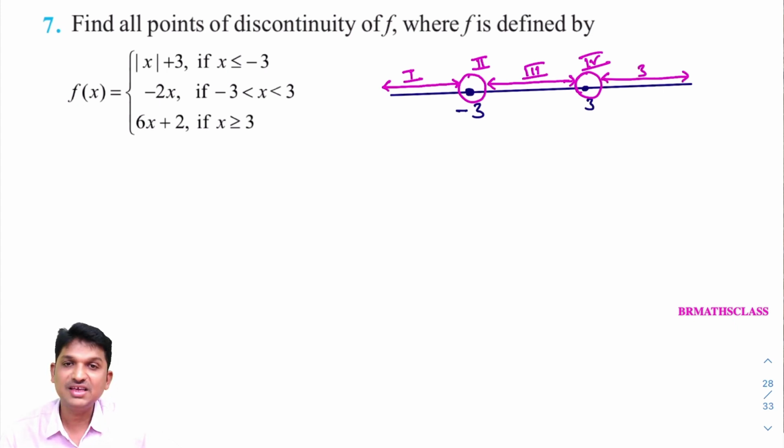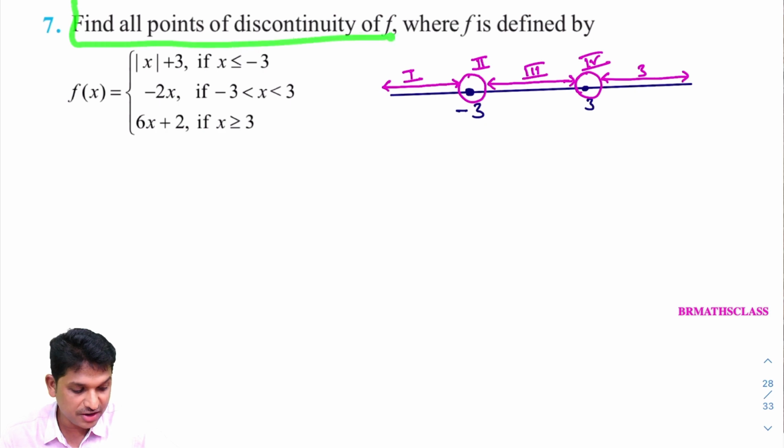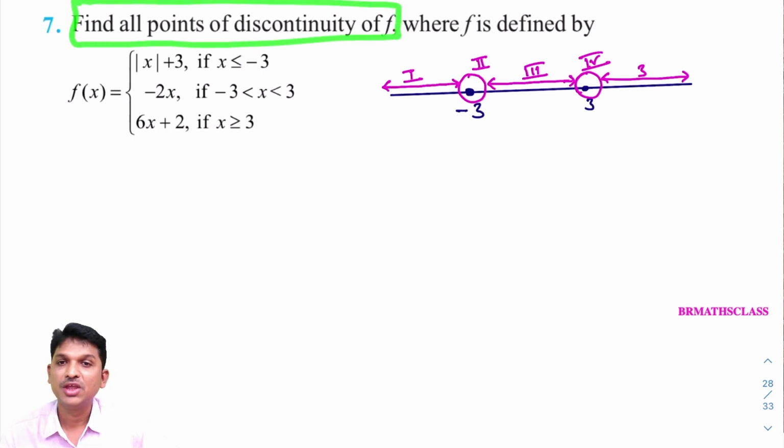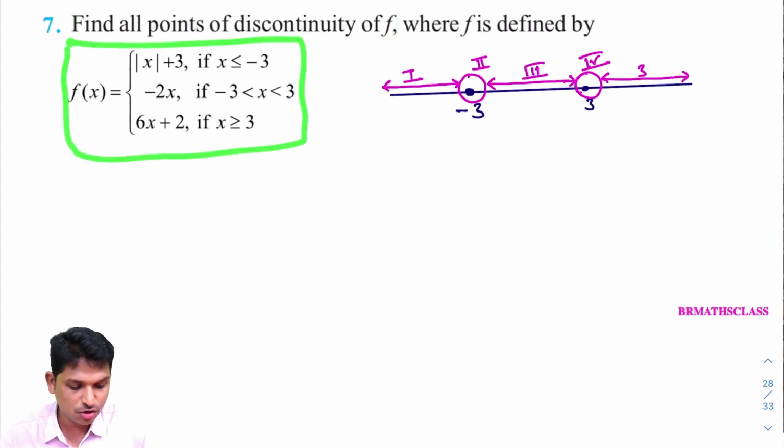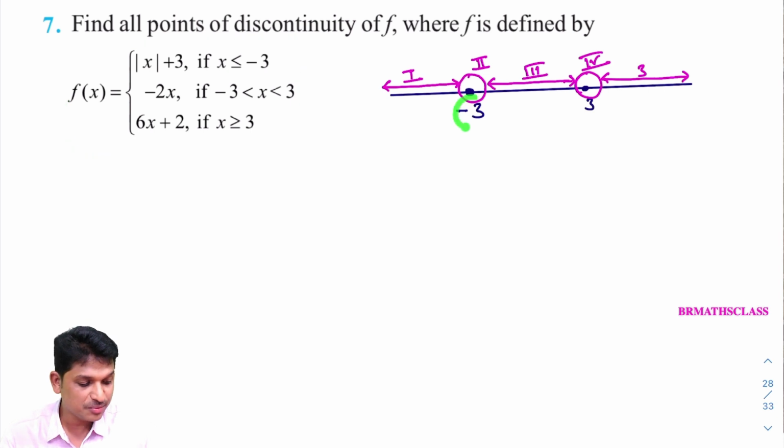So what they are asking in the question is to find all points of discontinuity of the function. From the given function, I checked the domain of the function. This function f of x is defined for all real numbers, but it varies at 2 points, at minus 3 and plus 3. So I divided this problem into 5 cases. In case 1, I'll check whether in this zone any point of discontinuity is there or it is continuous everywhere.